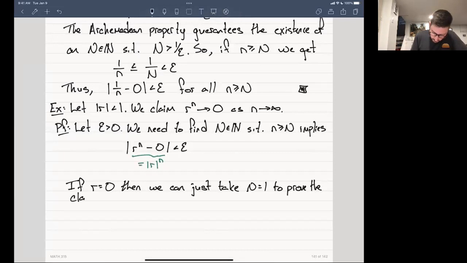Why? Well, if r is equal to 0, then r to the power of n is always 0. And that means that r to the n minus 0, again, 0, which is always smaller than epsilon, because by definition, we assumed epsilon is larger than 0. So we can always wedge that one in. That's a sequence of just zeros over and over and over again. Doesn't really do much for us.